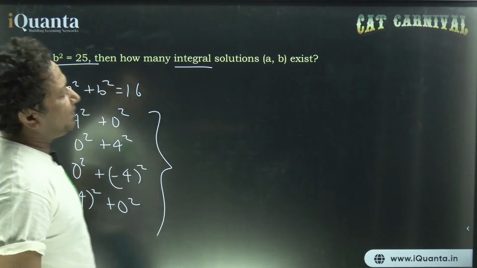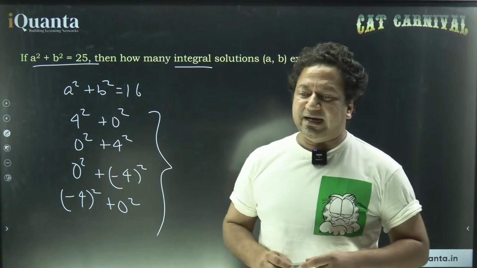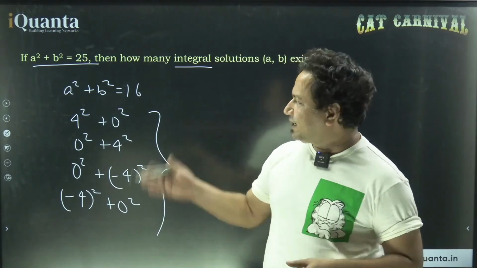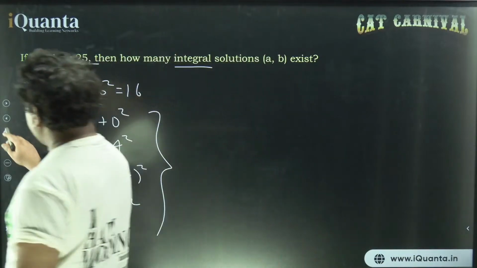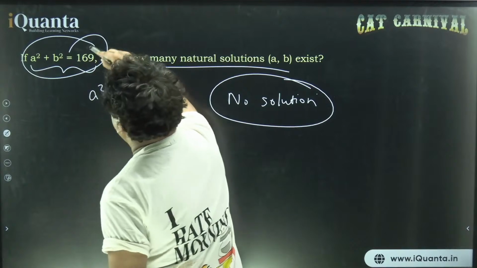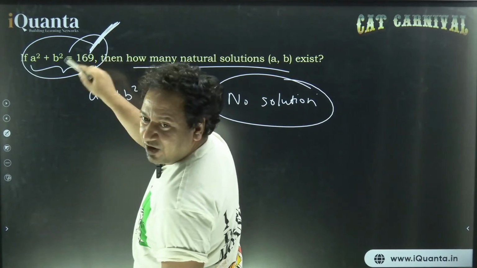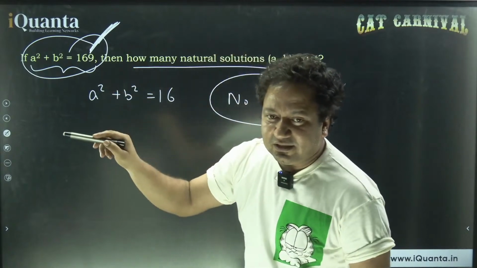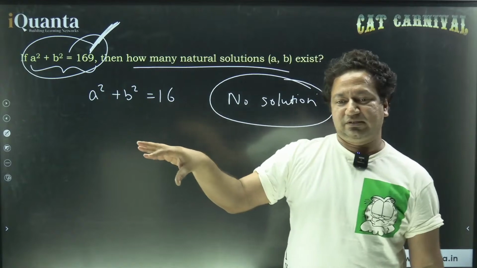After doing all this, what did you understand? Before this, we were trying to find answers and we had a lot of answers, but now we do not have that many. The reason is very simple: in the initial questions, the right hand side was the square of a possible hypotenuse.